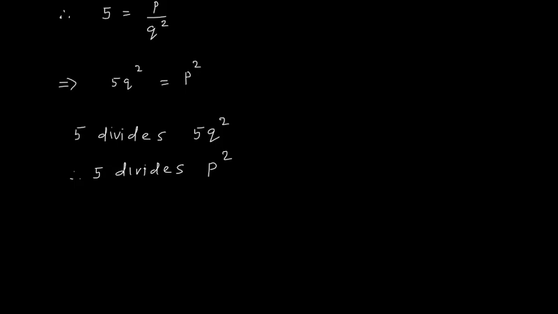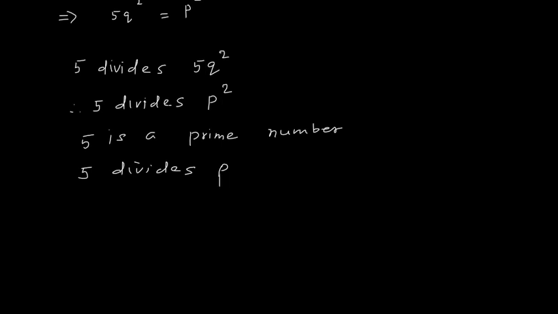Now 5 is a prime number and it divides p square, therefore by theorem 1 that I discussed, 5 divides p. So 5 divides 5q square, therefore 5 divides p square because 5q square is equal to p square.